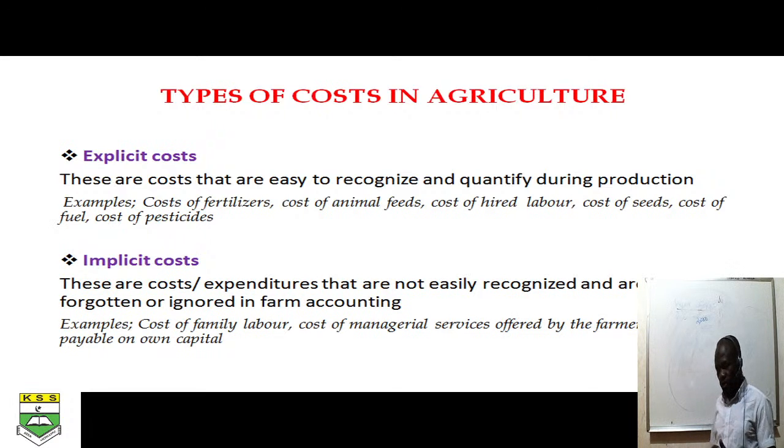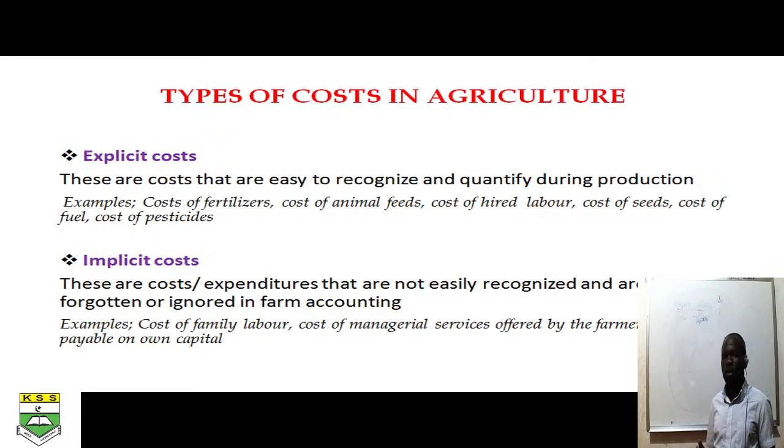If you can see on your screen, we have costs that we call explicit costs. The word is explicit. It's a technical term, therefore you need to learn the spelling. When you talk of explicit costs, we say that they are costs that you can easily recognize and quantify. You can't forget them.